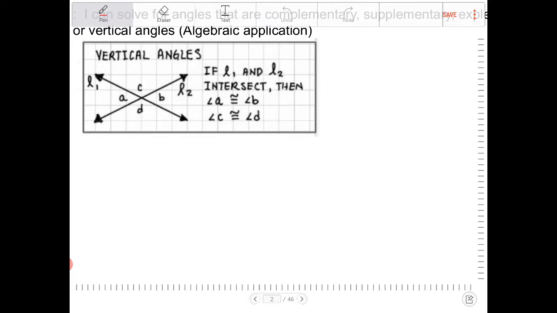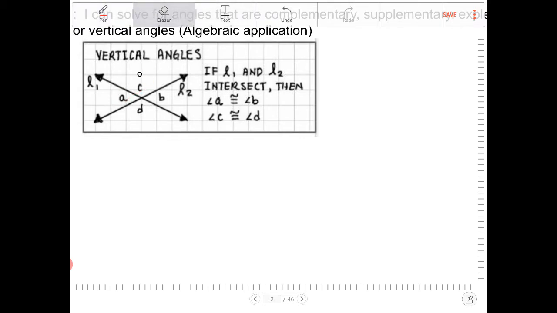So angle A and angle B are going to be congruent, and angle C and angle D are also going to be congruent. It is important to note that these angles are opposite of one another, right? So angle A and angle B, they're facing one another. They are opposite of one another. Angle A and angle C, on the other hand, they are adjacent to one another.